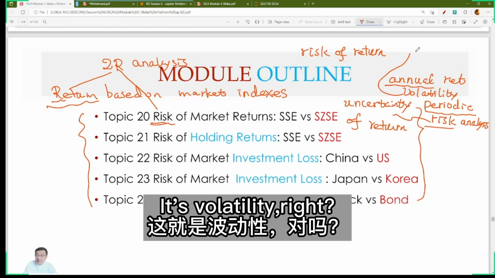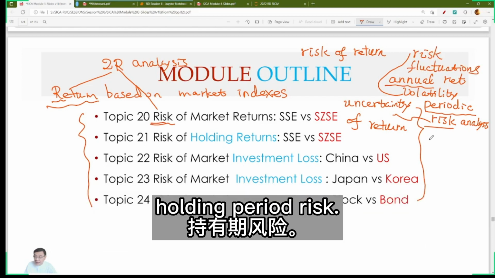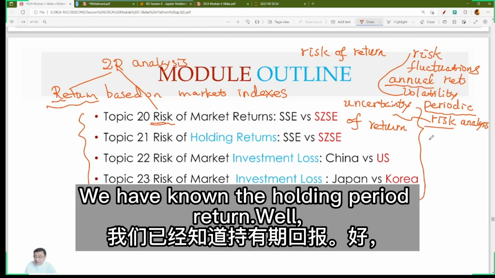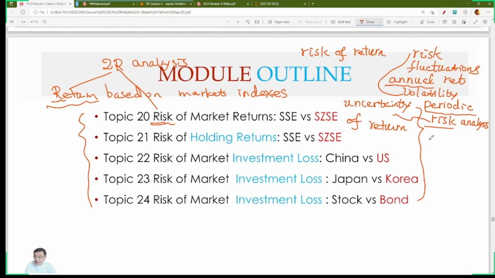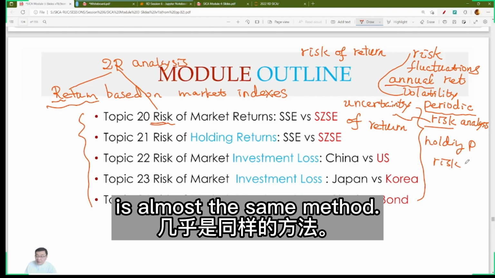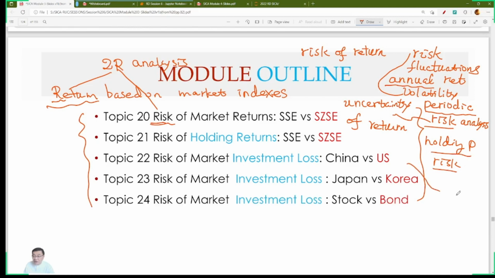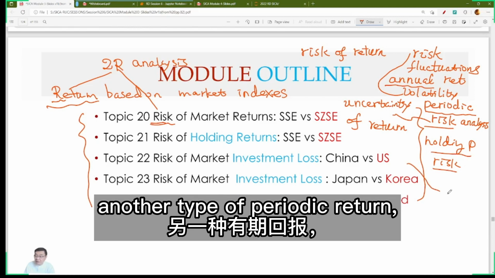fluctuations is volatility, right? The second type of risk we will use here is holding period risk. We have known the holding period return. Well, there is another concept in correspondence. It's called the holding period risk. It's almost the same method. And then we will specially focus on another type of periodic return.